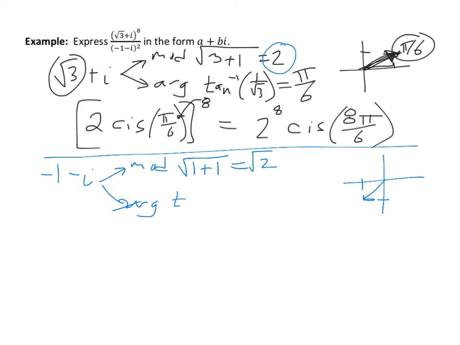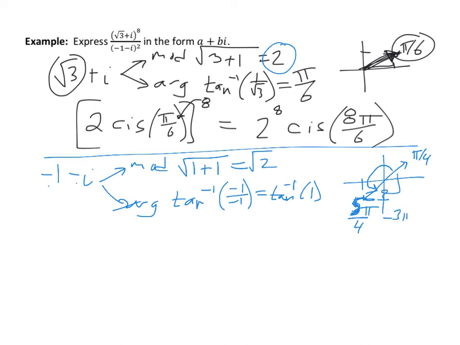The argument is going to be inverse tangent of imaginary over real, negative 1 over negative 1. That's the inverse tangent of 1, which you might recognize as pi over 4, but we don't want that one. We want the one that's pi more than that, so this is 5 pi over 4. You might have seen it as negative 3 pi over 4.